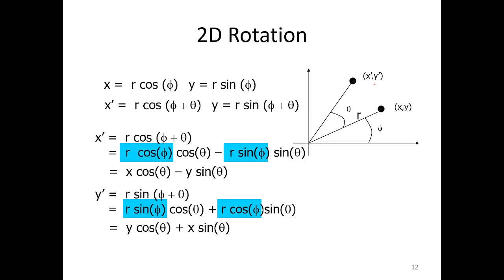So x dash equal to r cos of phi plus theta, that is r cos phi cos theta minus r sin phi sin theta, that equals x cos theta minus y sin theta. Then y dash equal to r sin of phi plus theta, that is r sin phi cos theta plus r cos phi sin theta, that equals y cos theta plus x sin theta.